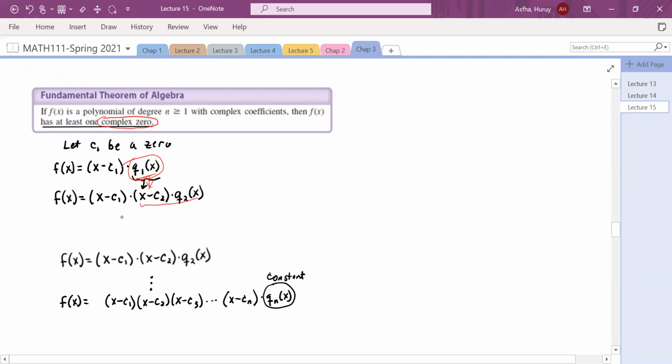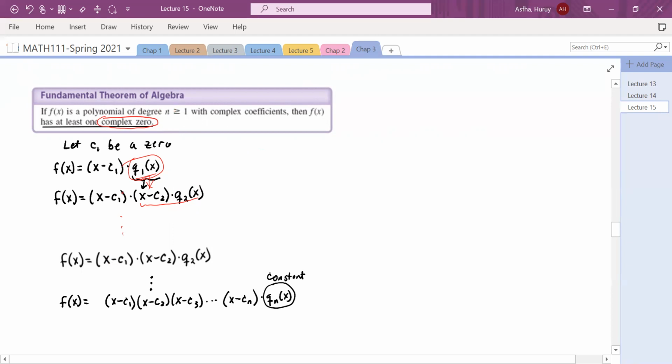We can keep doing this until we take it to the simplest form, and finally this will be a constant. Therefore, if the degree is greater or equal to 1, there is always at least one complex zero. It may or may not be real, but we always expect at least one complex zero.